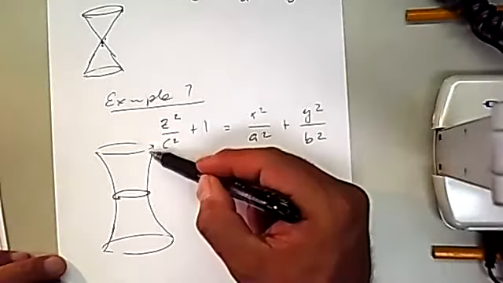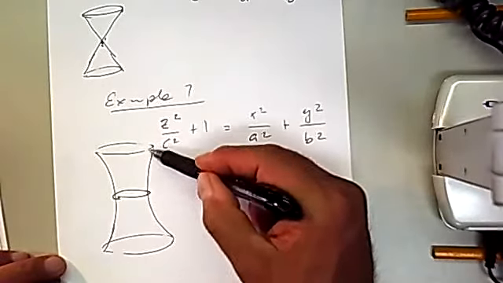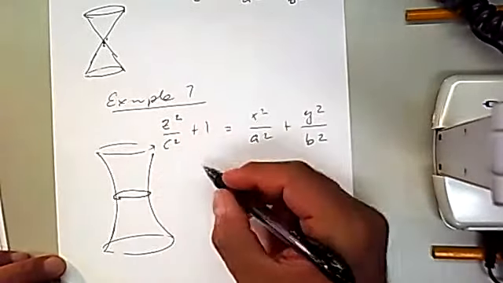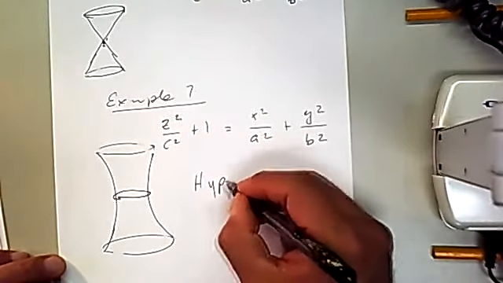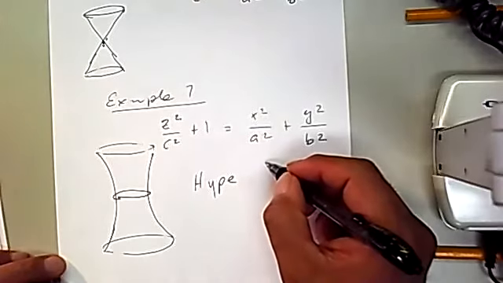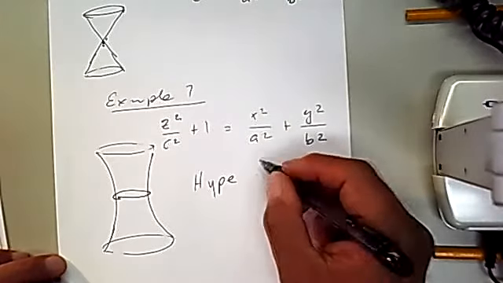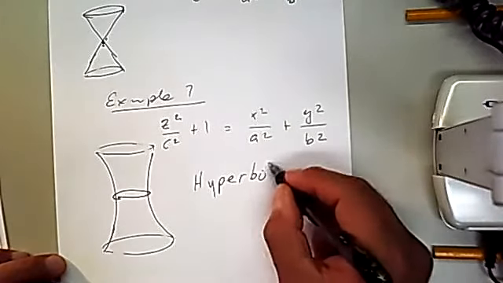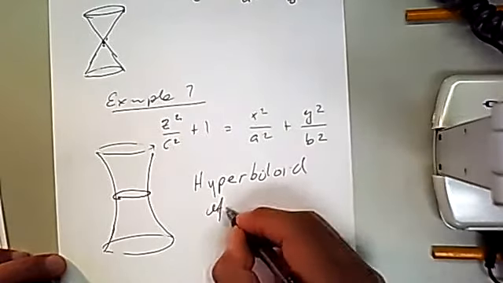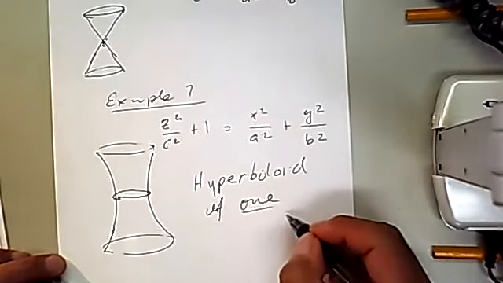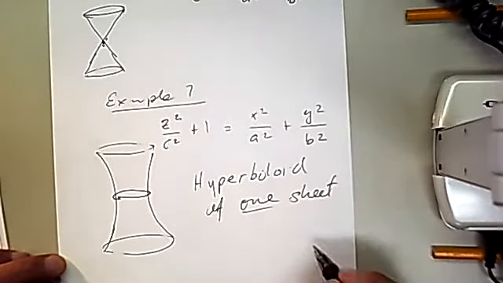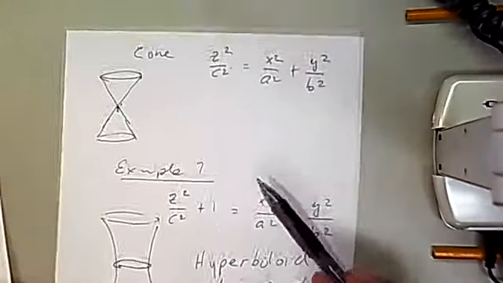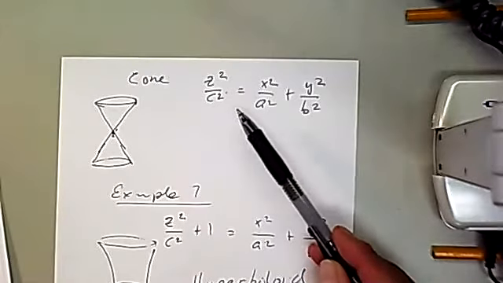And furthermore, this shape is a hyperbola. Because of that, we call that hyperboloid. We would call it elliptic hyperboloid, hyperboloid of one sheet. So it is nice to know how it is built.